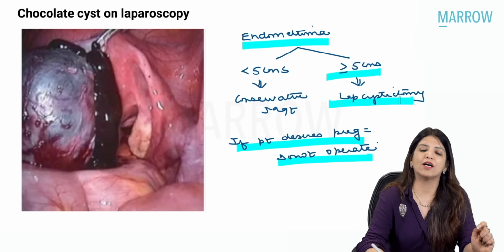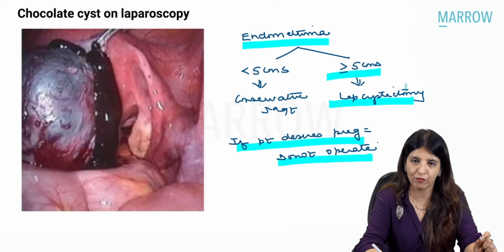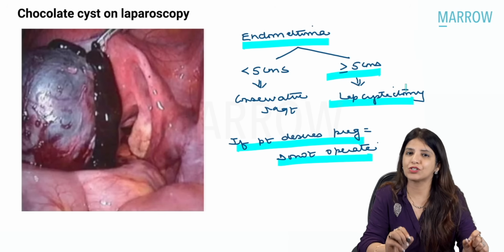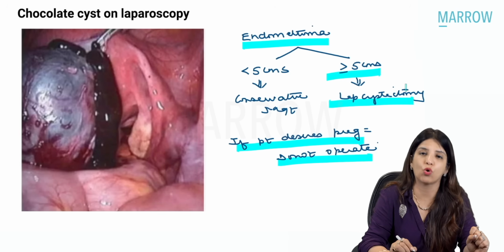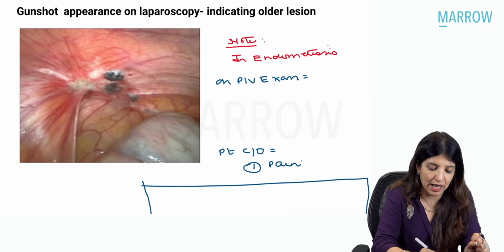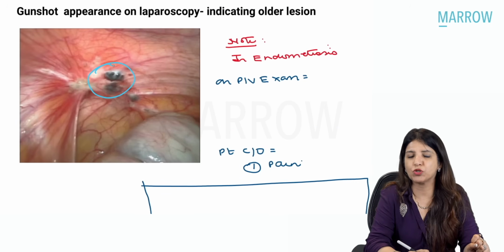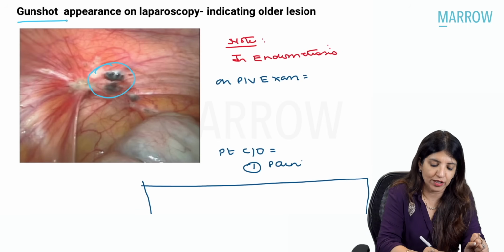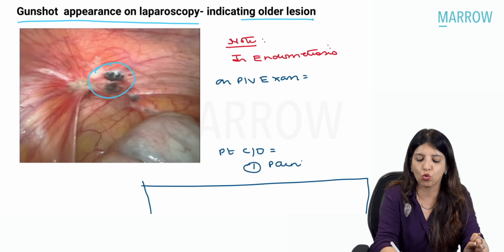This image has been asked many times in exams, so please look at the chocolate cyst very, very carefully. Once I do ultrasound images with you, I will also show you how a chocolate cyst appears on ultrasound. Then, these are the brownish black cystic areas which you see on the peritoneum. This is what is called gunshot appearance on laparoscopy, and it indicates old lesions.